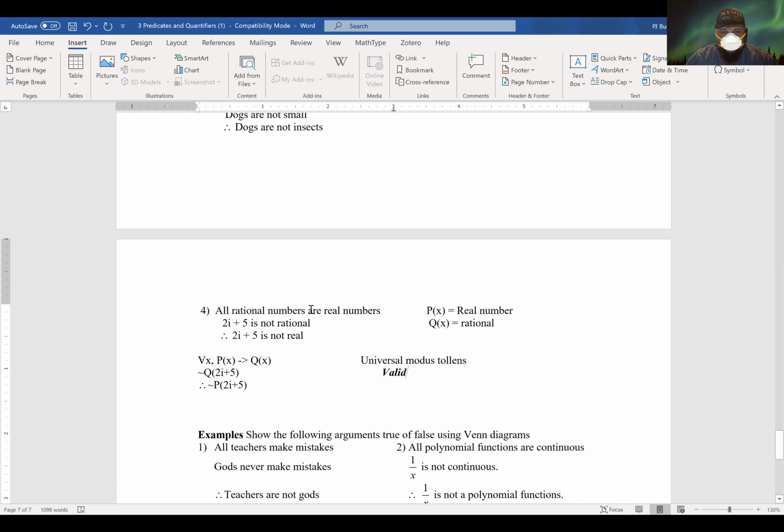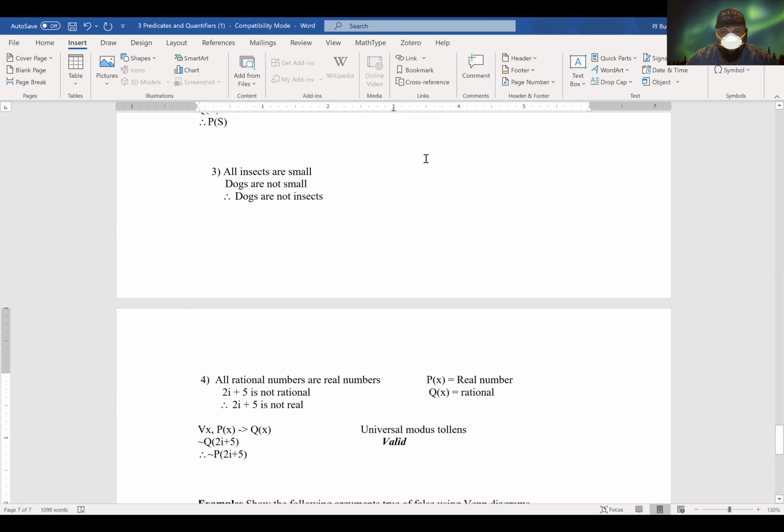So if we use that same rationale for the previous one, then we are saying P of X is small and Q of X is insects.